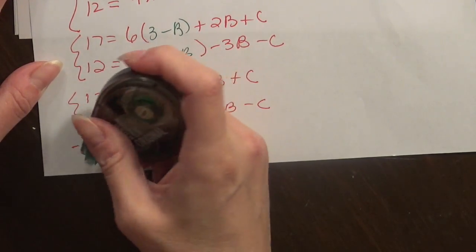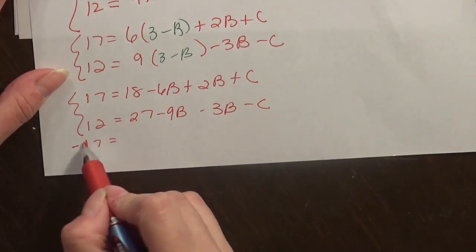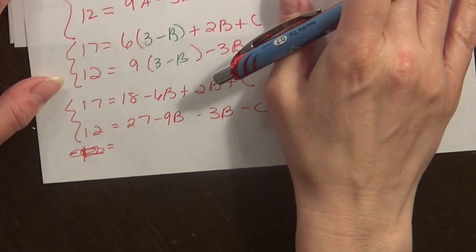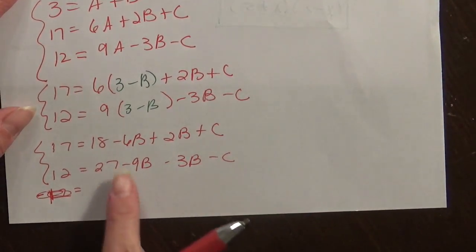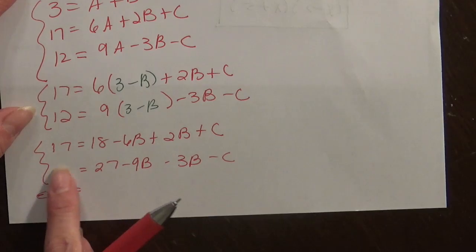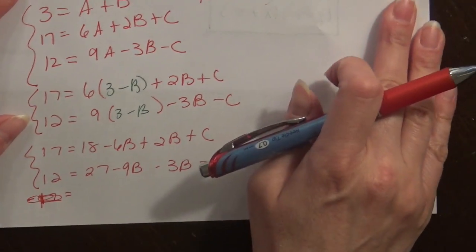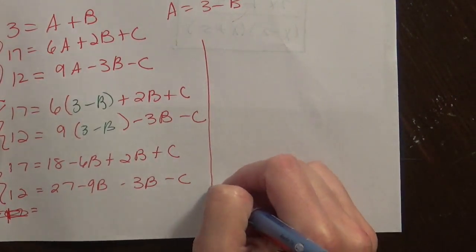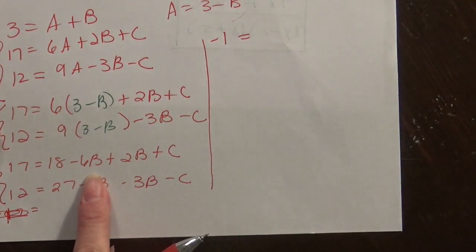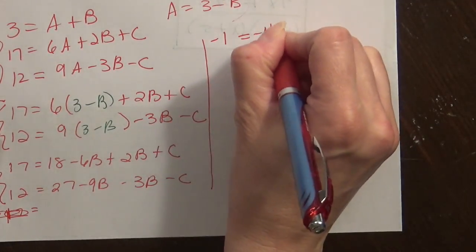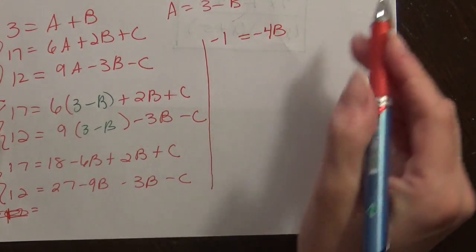Okay, my whiteout's not wanting to work for me. Alright, so I've got, just bringing it over, I'm going to subtract 18 on both sides. That's going to give me negative 1 equals, and then negative 6b plus 2b is negative 4b, and plus c here.